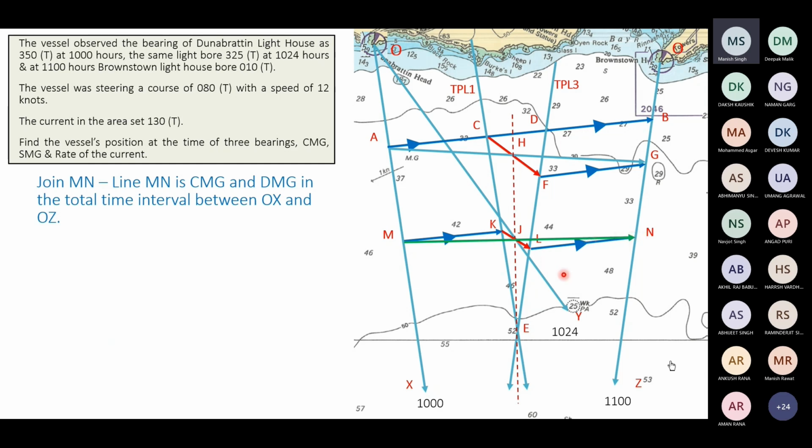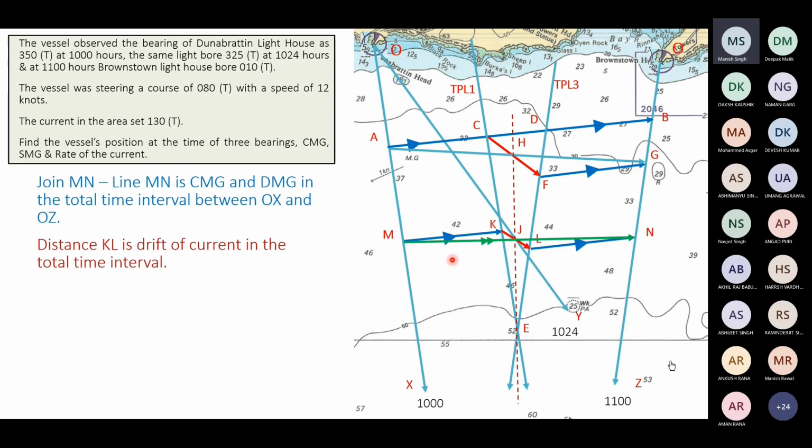Now with this green color line, we complete our plot. This green color line, Mike to November, represents our course made good vector from 1000 hours to 1100 hours. So MJN, Mike Juliet November, is my course made good. It also represents my distance made good in this interval.